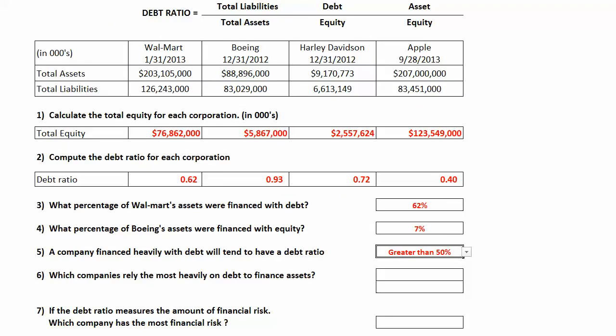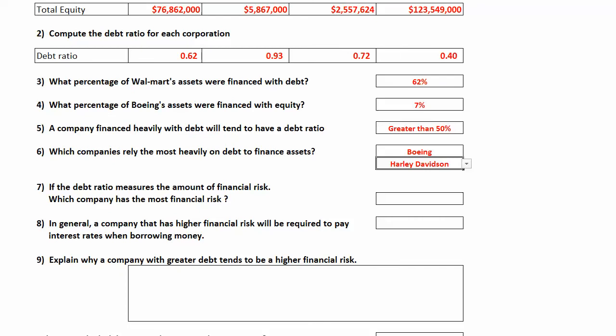In terms of the four companies we're looking at, the companies that rely most heavily on debt are Boeing, 93 cents of every dollar financed with debt, and then Harley-Davidson that uses 72 cents in debt for every dollar in assets. If the debt ratio measures the amount of financial risk that a firm has, the company with the greatest amount of financial risk would be the Boeing company.